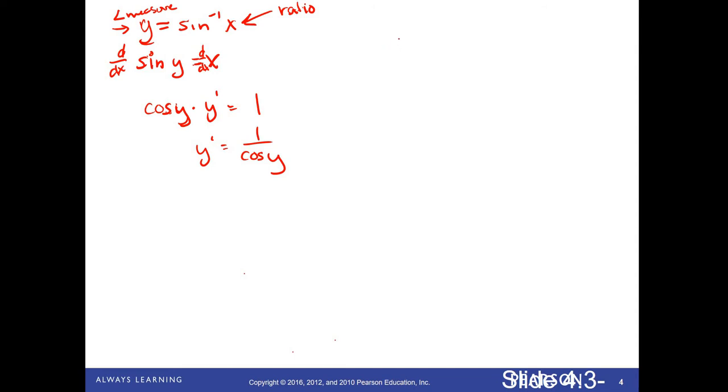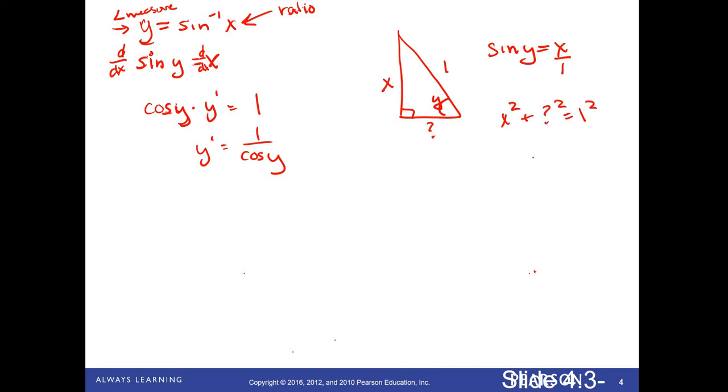So let's go back to the beginning and look at a right triangle. If I start that the sine of y equals x, y therefore is an angle measure. If the sine of y is x, or x over 1, that's opposite over hypotenuse, so I can label my triangle this way, which, using Pythagorean to find my missing piece, I find out that my question mark is the square root of 1 minus x squared.